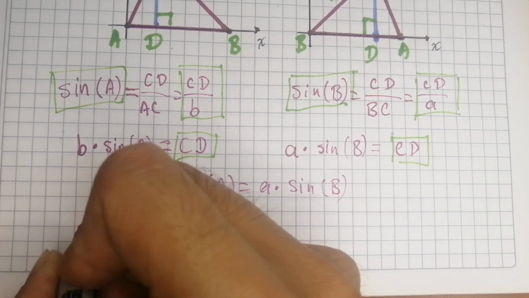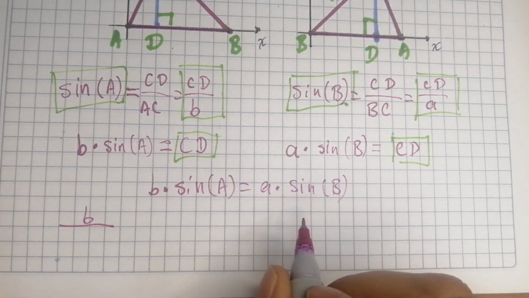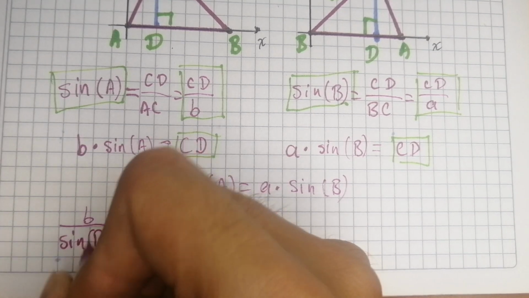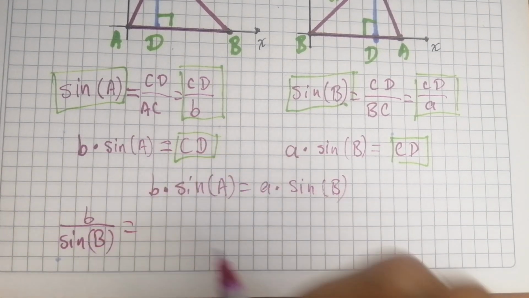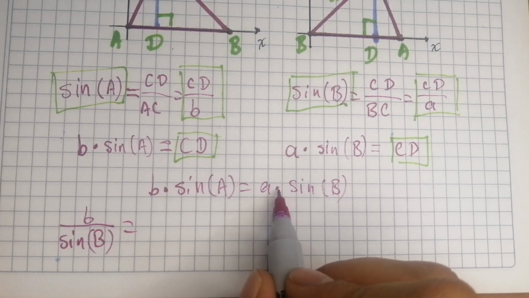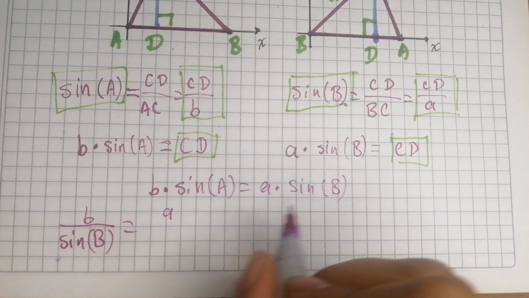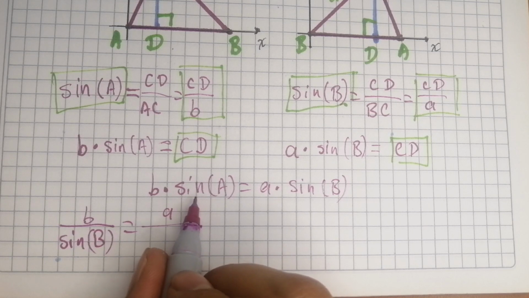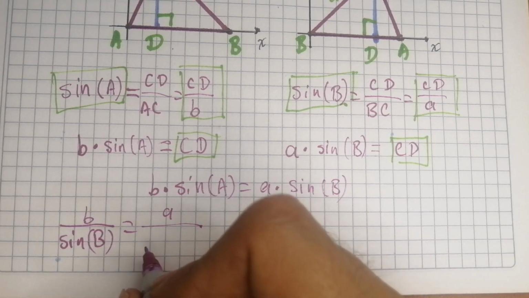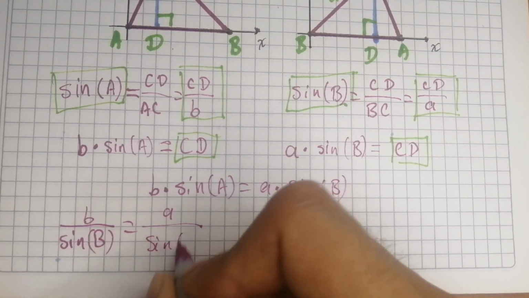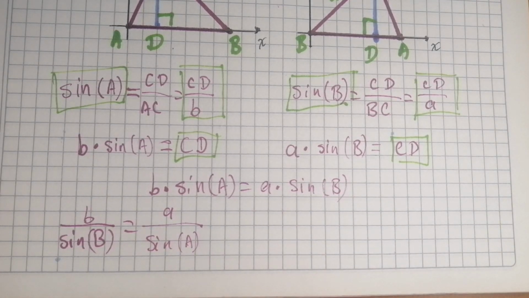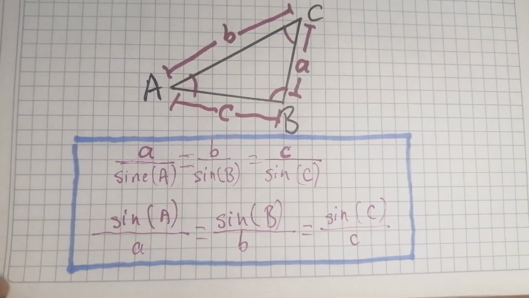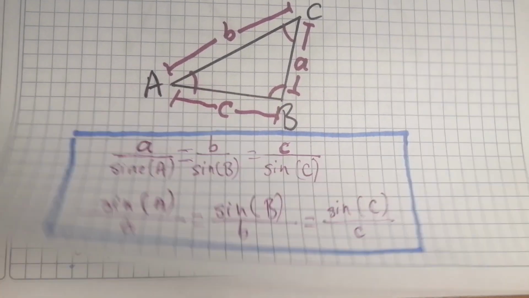I'm going to have B on this side being divided by the sine of capital B, and this is going to be equal to what? I have A on this side that is going to stay there and is going to be divided by the sine of capital A that passed to divide to the other side. So I'm going to have sine of capital A. And I created an expression that actually represents my rule.